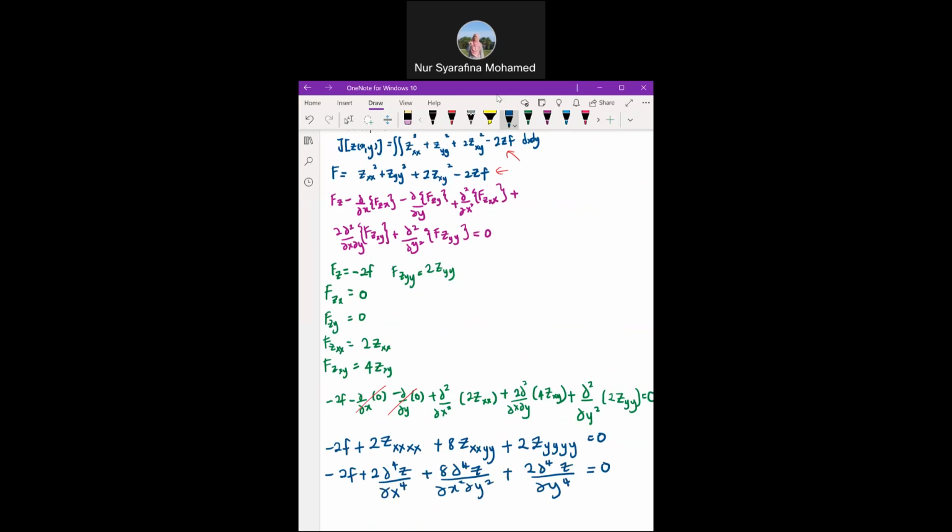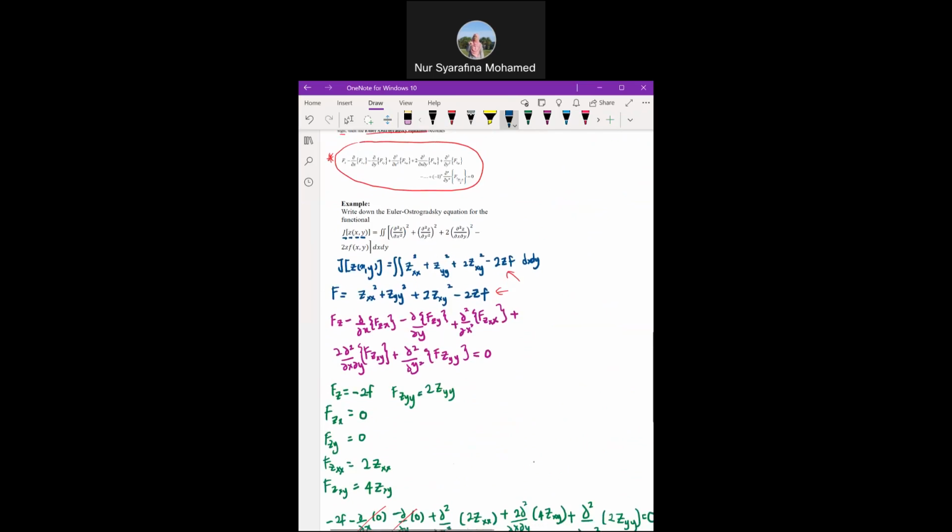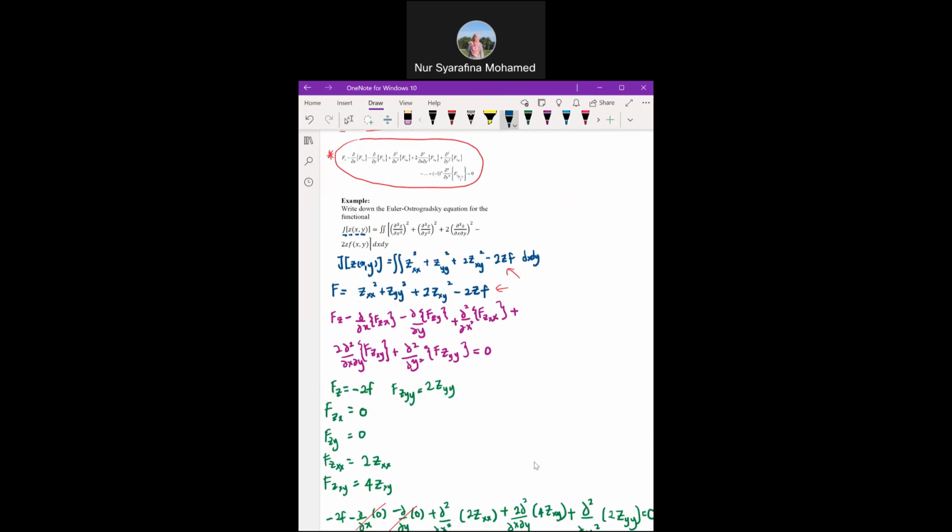So this is how we write the Euler-Ostrogradski equation of the functional. It is quite hard for you to find the extremal here. But now we just want to find the Euler-Ostrogradski equation obtained from this given functional.